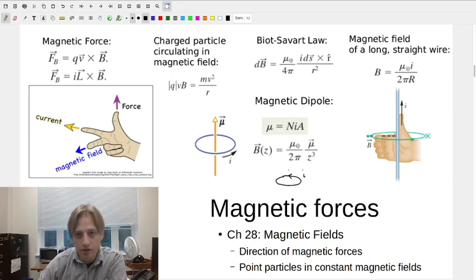This also happens to be the direction that the magnetic field on the top is pointing, and it would be pointing in the other way on the bottom. And then around here, the magnetic field lines make loops like this. Okay, so that's our model. Our simplest model for a permanent magnet is just the idea of a little loop of current.